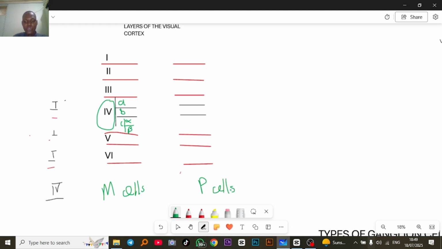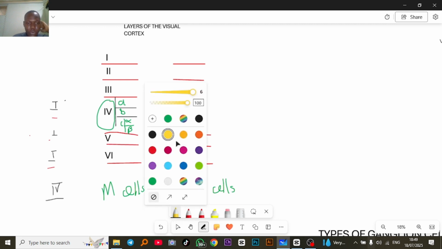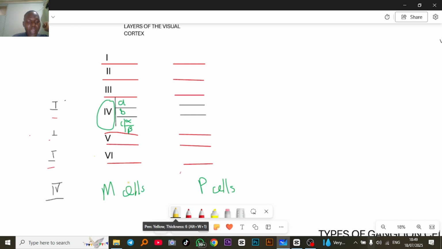Where are they going to project? All the M geniculocalcarine tracts will move up to layer 4C alpha. This is where they will terminate.